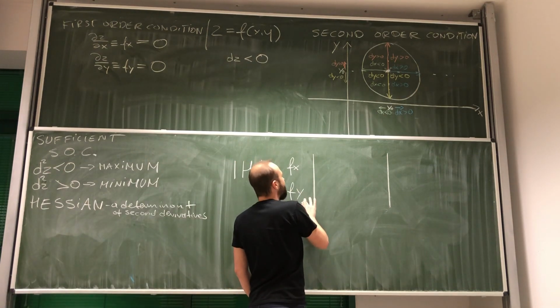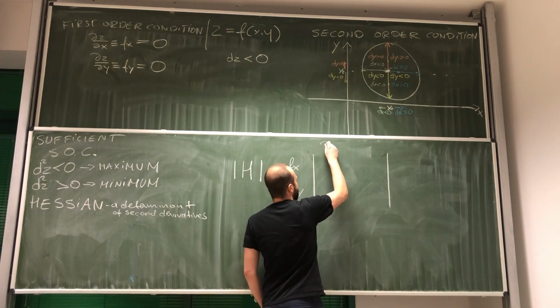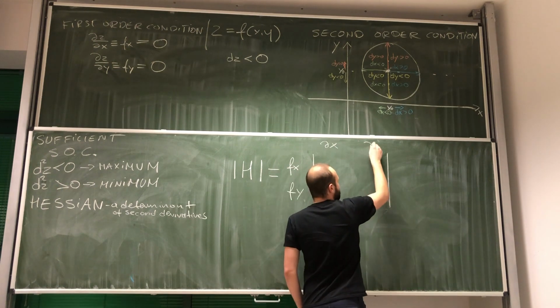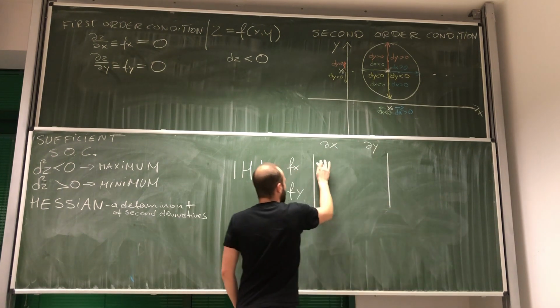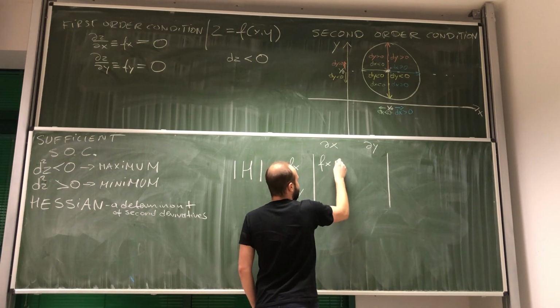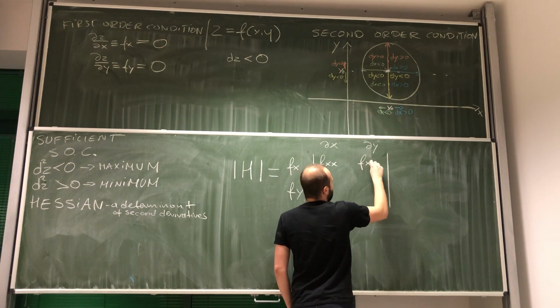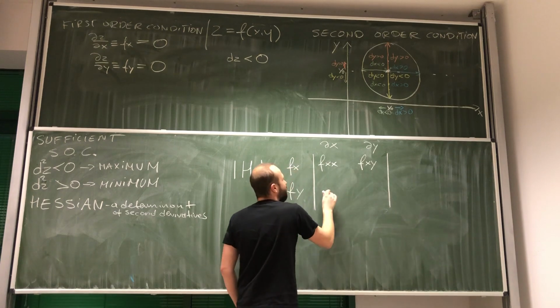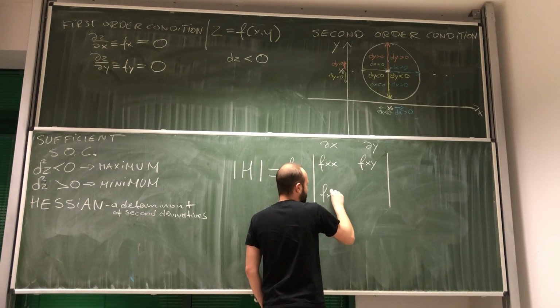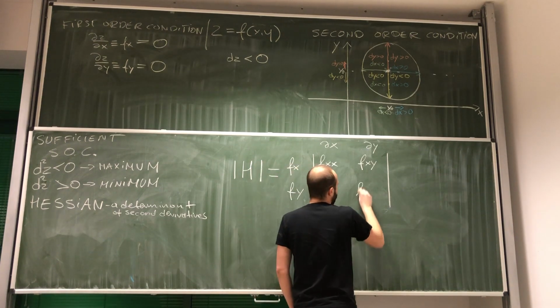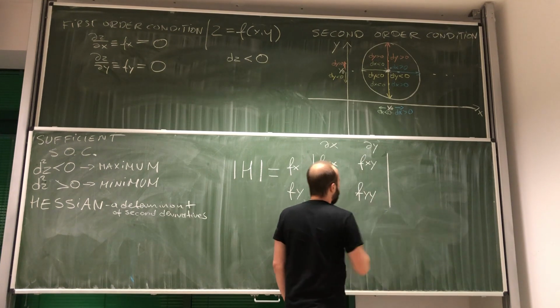Now, each of them can be differentiated with respect to x and with respect to y. What will we get here? fxx. And here, fxy, because here we're also going to have fxy, and here fyy.